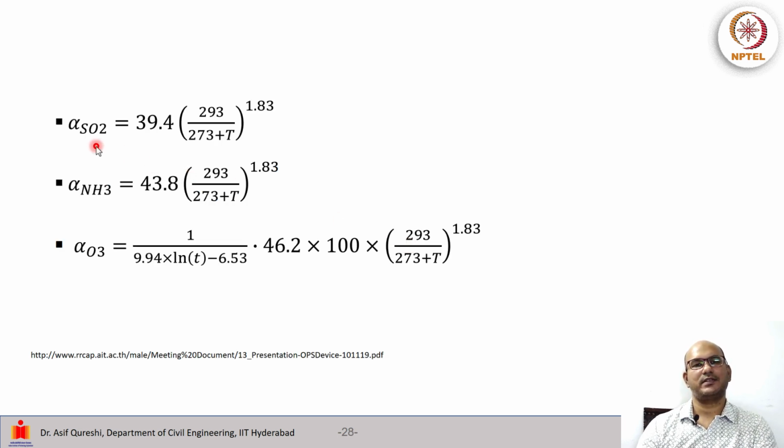Alpha SO2 is given as a function of inverse of temperature with a certain coefficient, 39.4, and T here is in Celsius. For alpha NH3, the coefficient is different, but the exponent part is the same. For ozone, the alpha is also inversely proportional to the sampling time and is calculated accordingly.